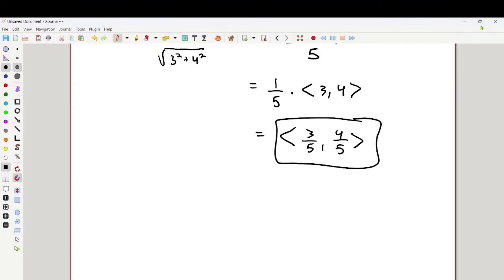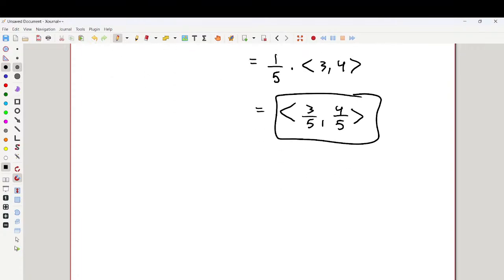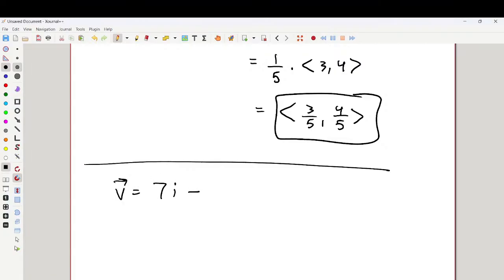Is it a hard problem if we redo it? Someone give me a number. 7. 6 and 7. Here's a vector. Find a unit vector in the same direction as it.